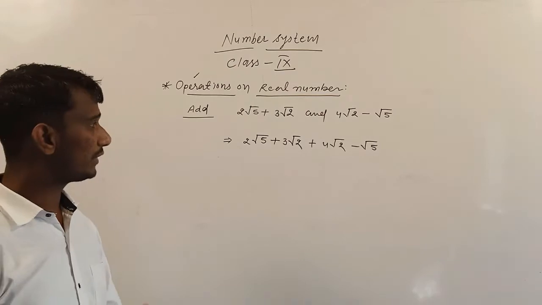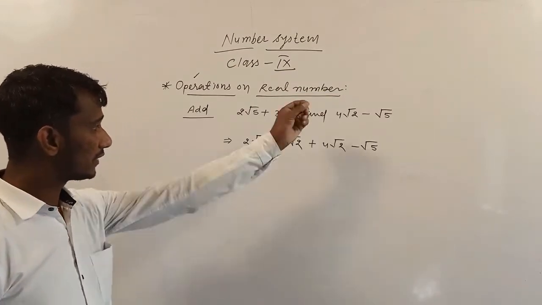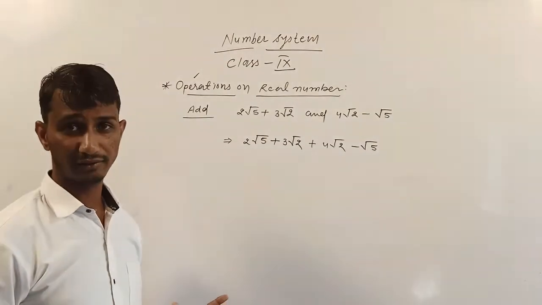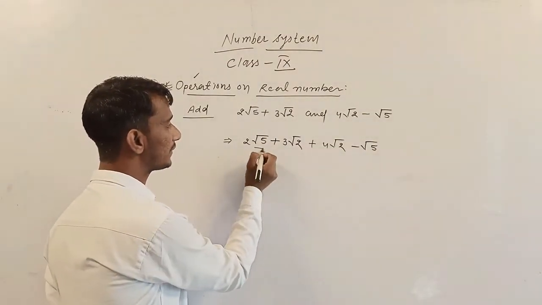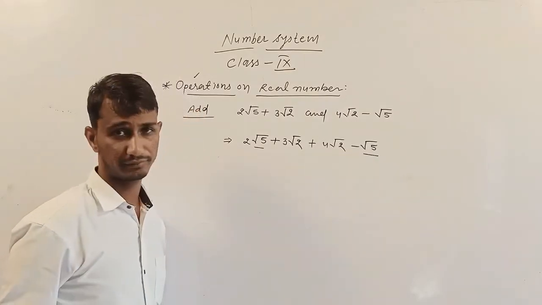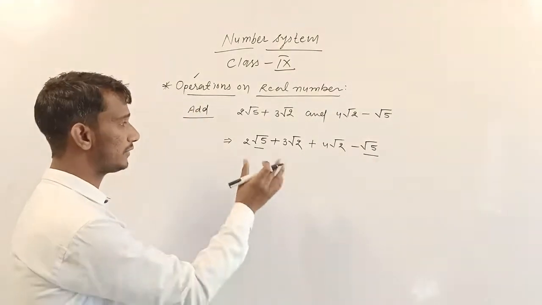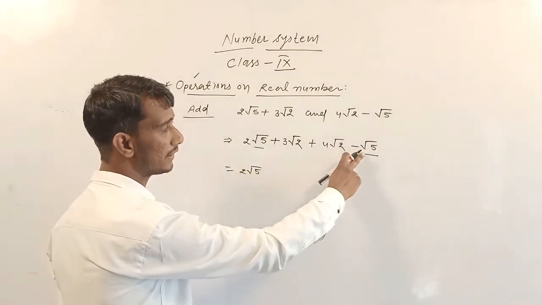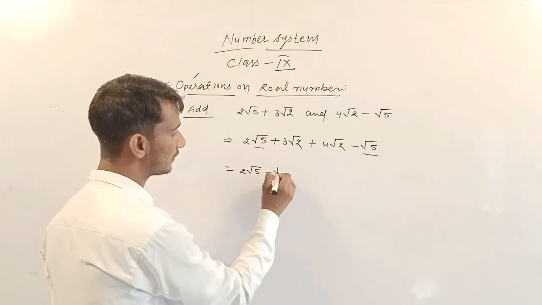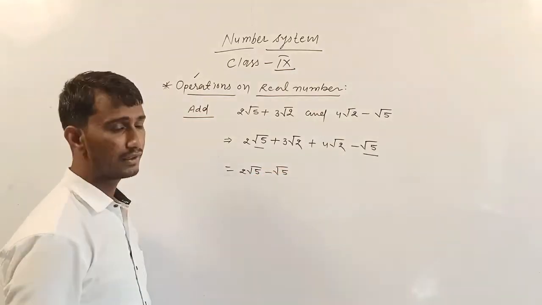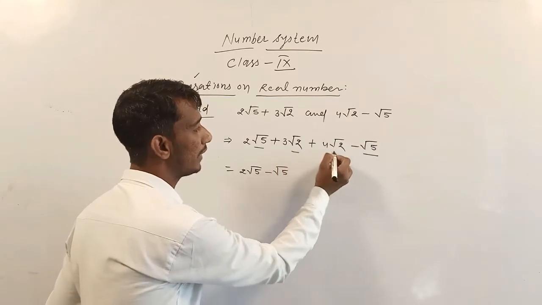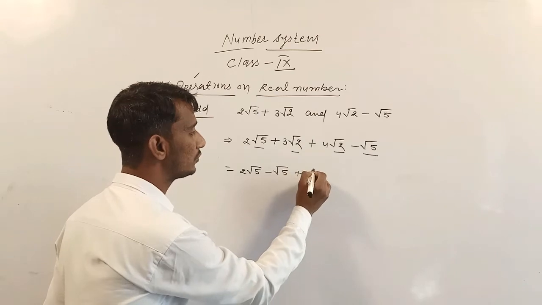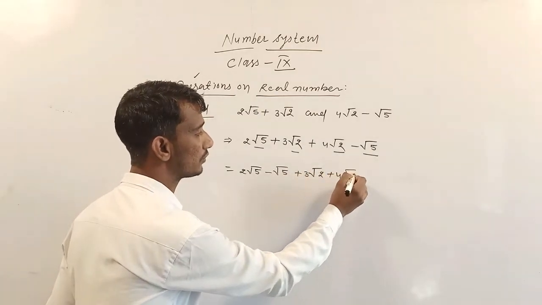Now we make pairs of equal irrational numbers, root 5 and root 5. So first we write in a pair 2 root 5 with root 5 having a negative sign, minus root 5. Next, root 2 and root 2, so we write in a pair 3 root 2 plus 4 root 2.